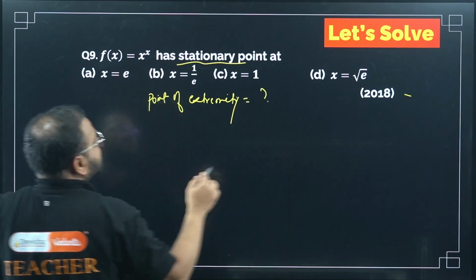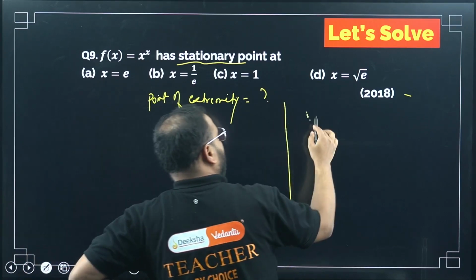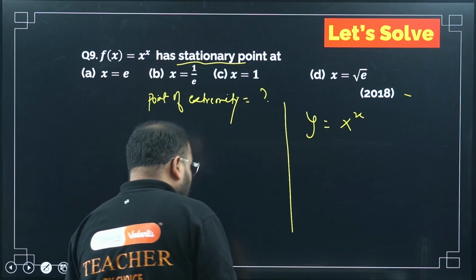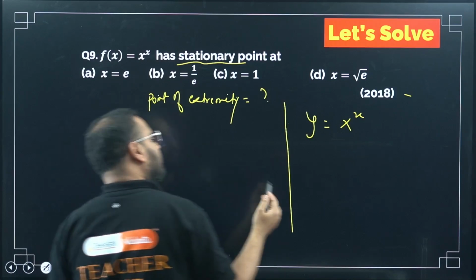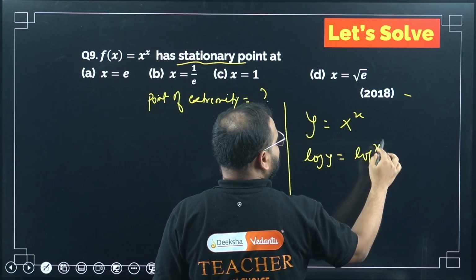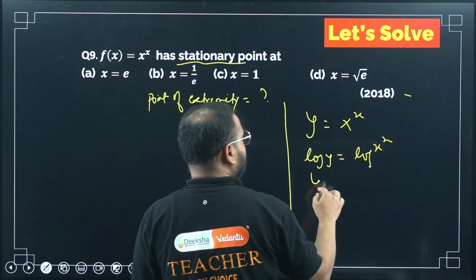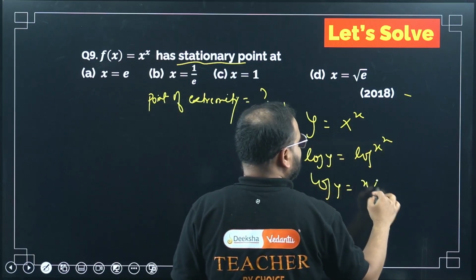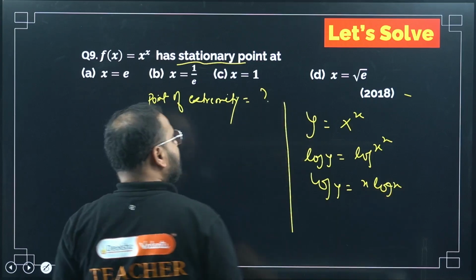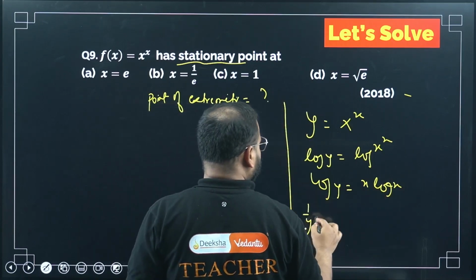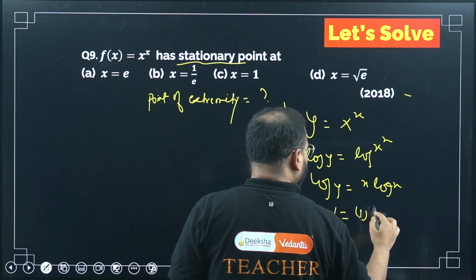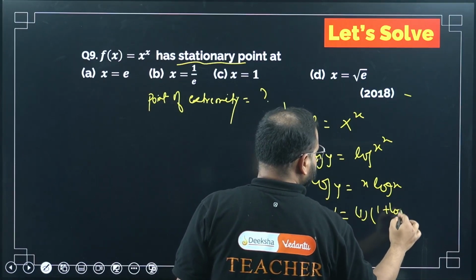So let's take this function again. Y equals to x power x. Since the power is existing, what I'm going to do is take log. Log y equals to log of x to the power x. X will come in front. So log y equals to x log x, again with the base e only. Take the differentiation, it will become 1 by y times y dash equals to, I'll keep this as 1, so 1 plus log x.